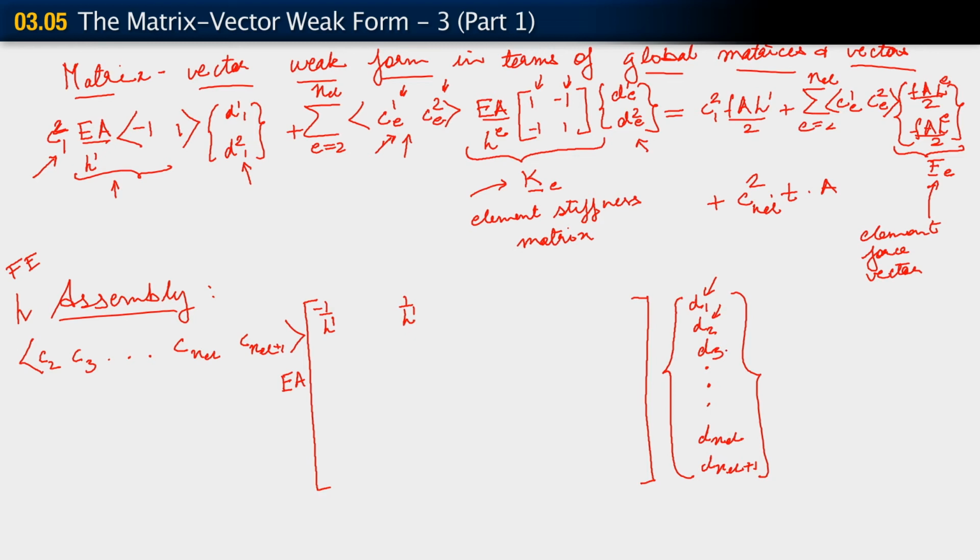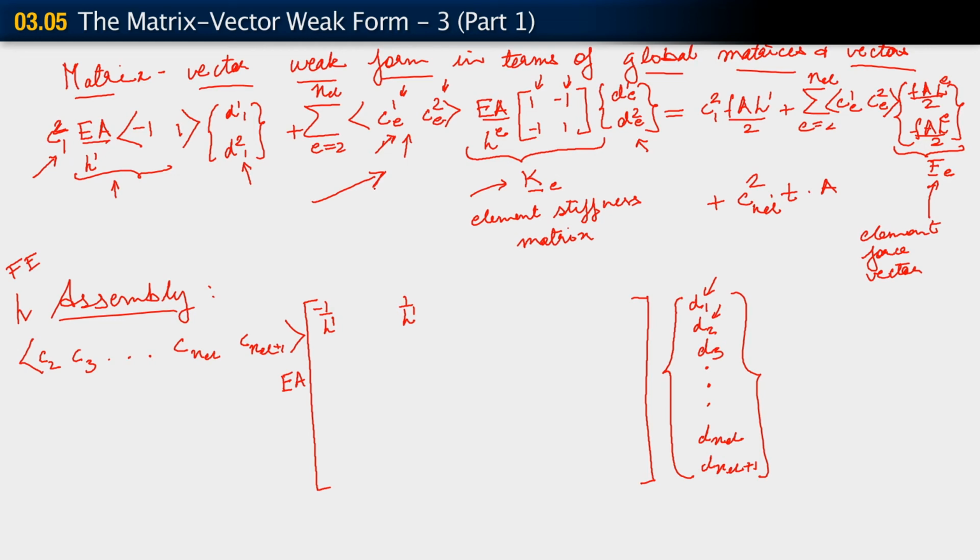Okay, all right. Now then we go into the contributions that come from that sum. And remember, the very first element that makes a contribution from that sum is element 2. Now, recalling our local to global map, we recognize that the contributions that come from the C vector in element 2 are from C2 and C3.